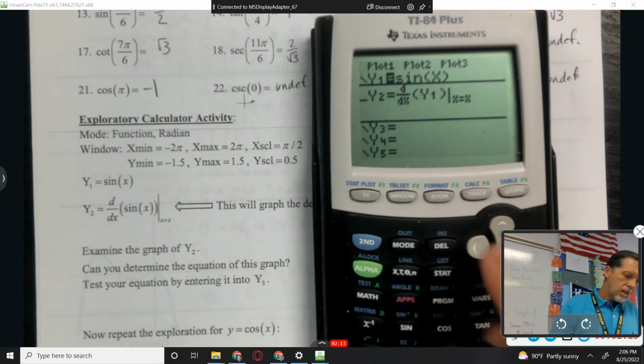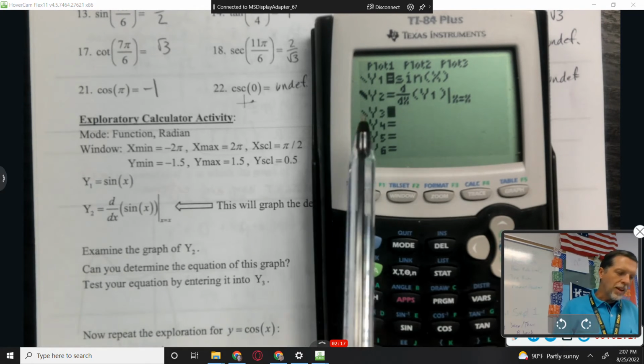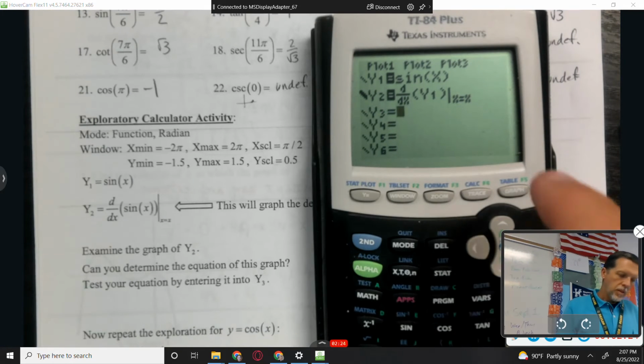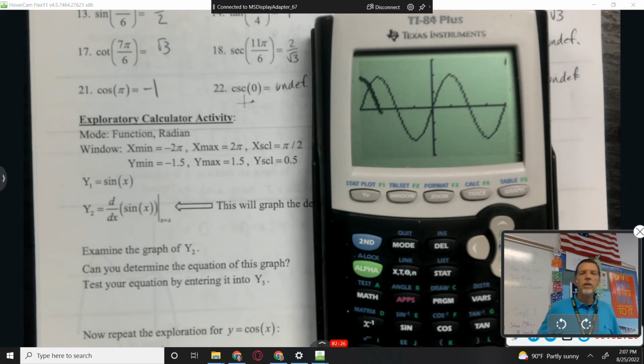I'm also going to make that one darker so that we can tell which one's which. Okay, so here comes the darker one. That's the derivative of sine.